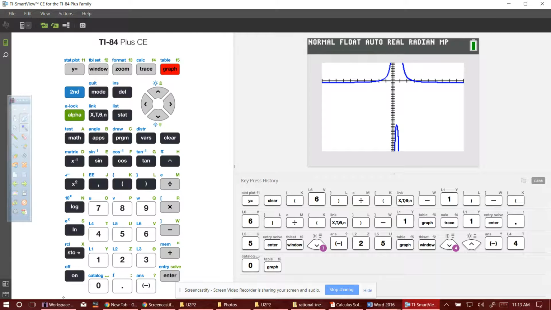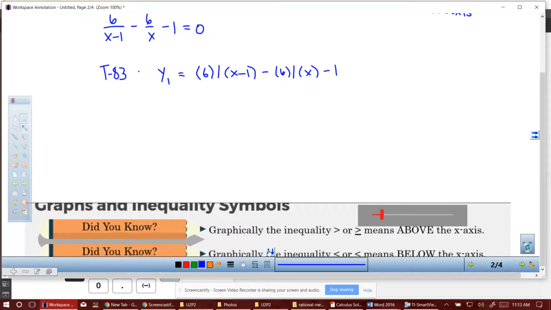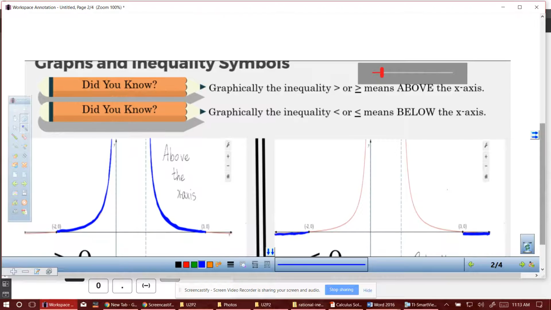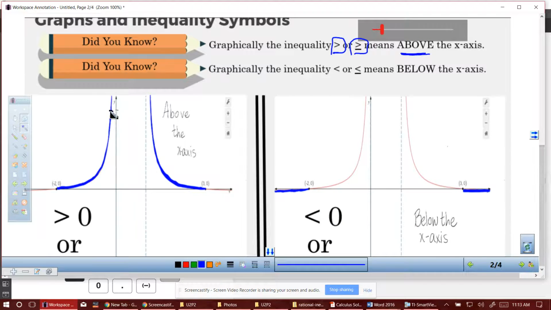All right, so let's go back to the notes now and look at the next part I have down here. Okay, so I talk about this graph a little bit better in more detail on your handout. So it tells you that if the graph is above the x-axis, that's my positive inequalities. And you see where I've drawn the picture right here, and I've marked on the graph where it's definitely above the x-axis.